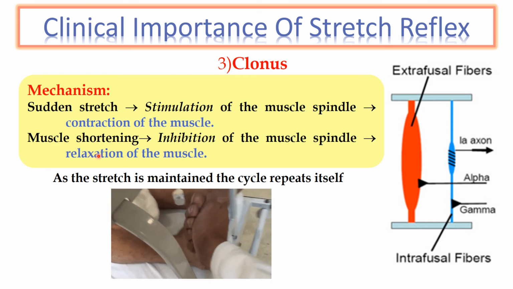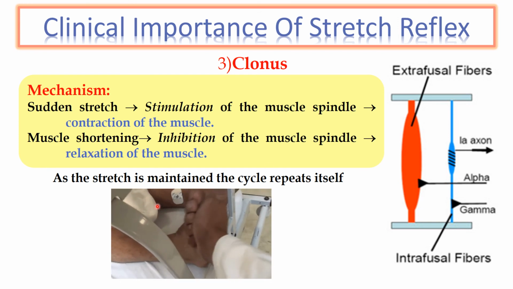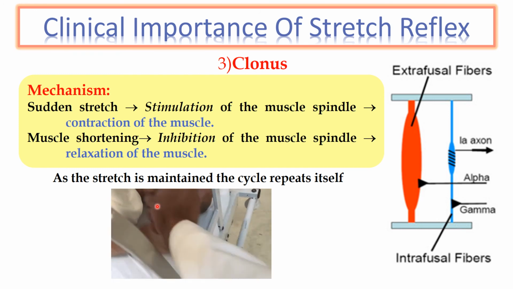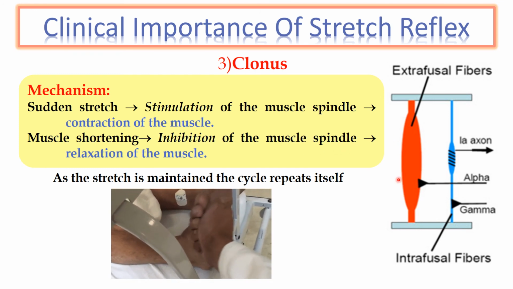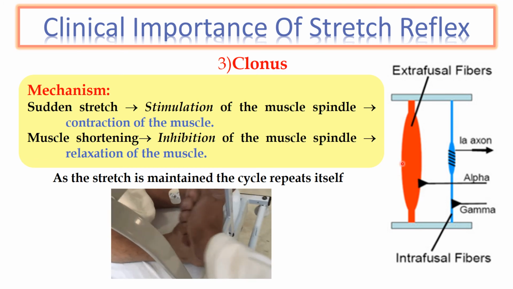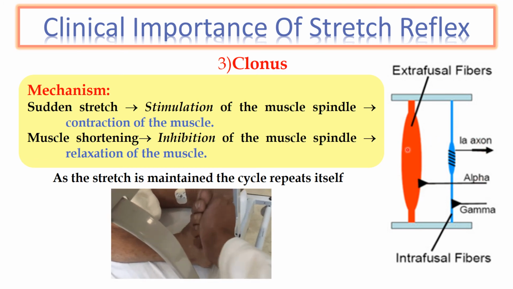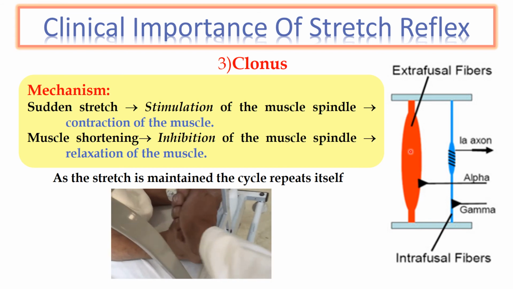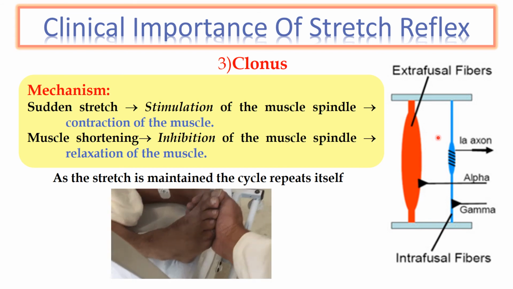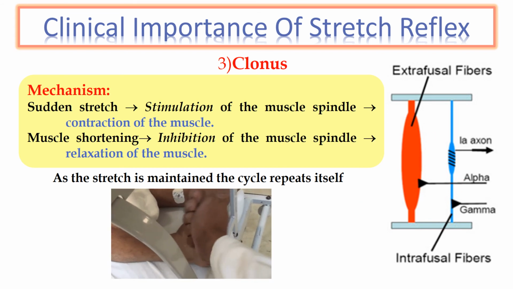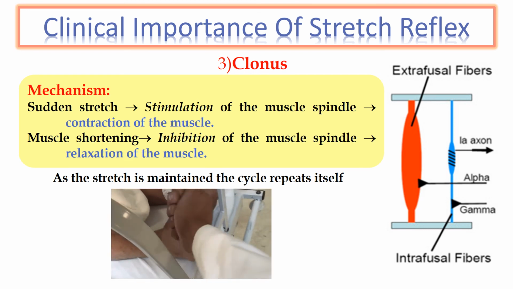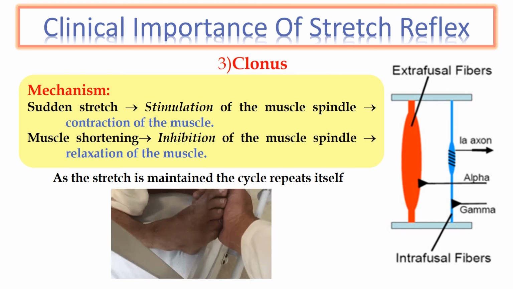When relaxation occurs with maintained stretch, the cycle repeats itself, because the muscle will be stretched again, and the stretch reflex will be stimulated again, and contraction. When contraction occurs, the stretch reflex will be inhibited, so relaxation, and so on. The cycle is repeated: contraction followed by relaxation, alternating contraction and relaxation.